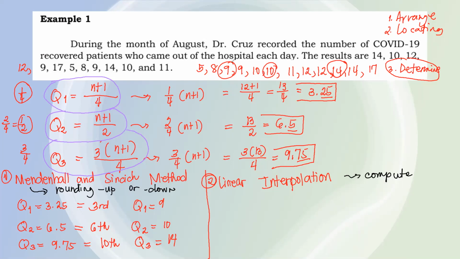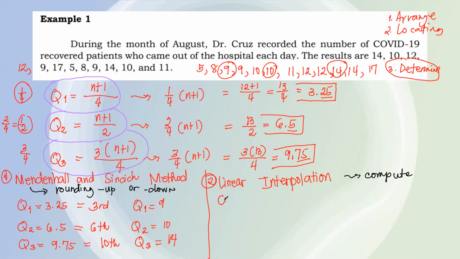These are the quartiles of the given ungrouped data. And kung mapapansin nyo, hindi ko masasabi na accurate siya. For me, mas accurate pa rin si linear interpolation. Eh, bakit? Kasi pagdating kay linear interpolation, magko-compute tayo.